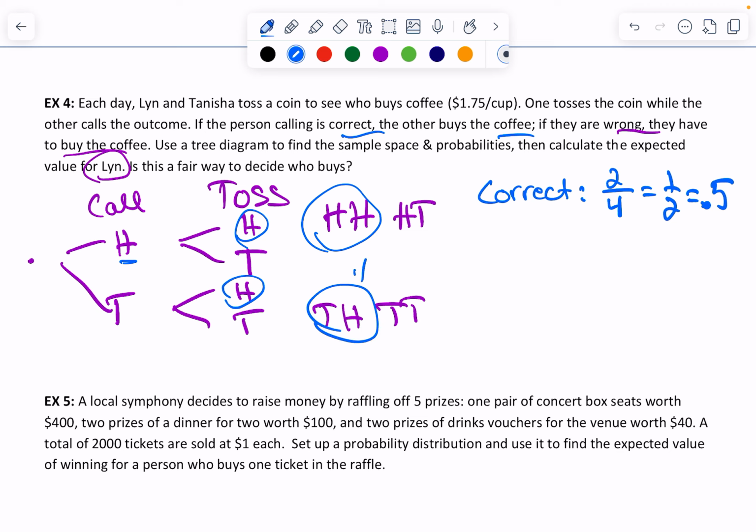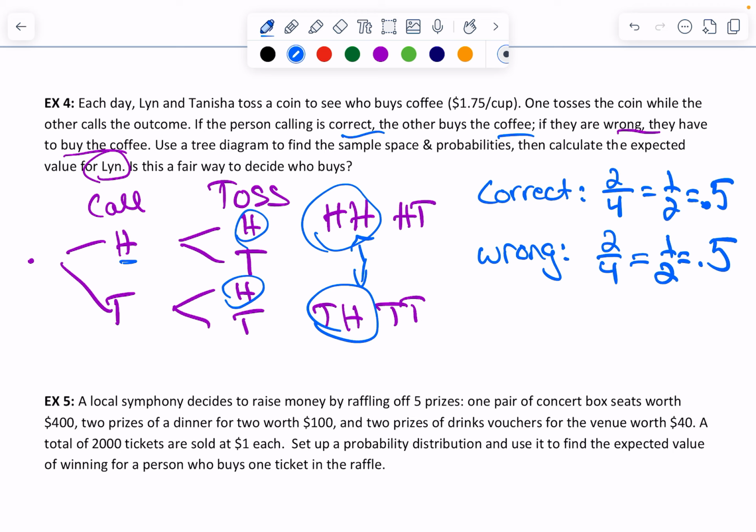This is what would be tossed, the second one. If it is wrong, again, there's 2 out of 4 that can go wrong, which is a half, and that's 0.5 again.